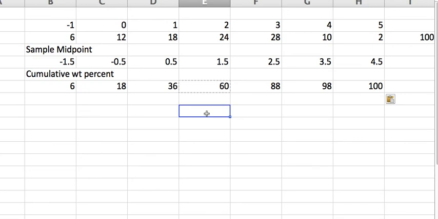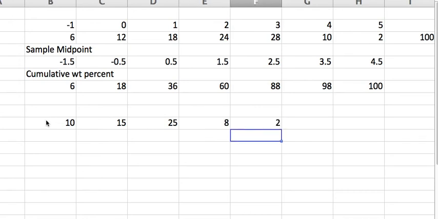Now, sometimes your samples start off as I represented here in percent, but often you have samples where you're just given a weight. So, for example, you might have 10 grams and 15 grams and 25 grams and 8 grams and 2 grams.